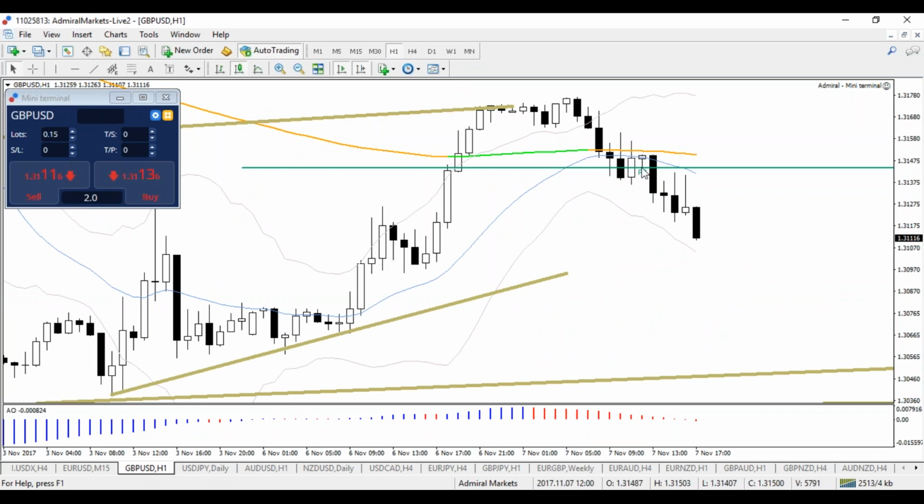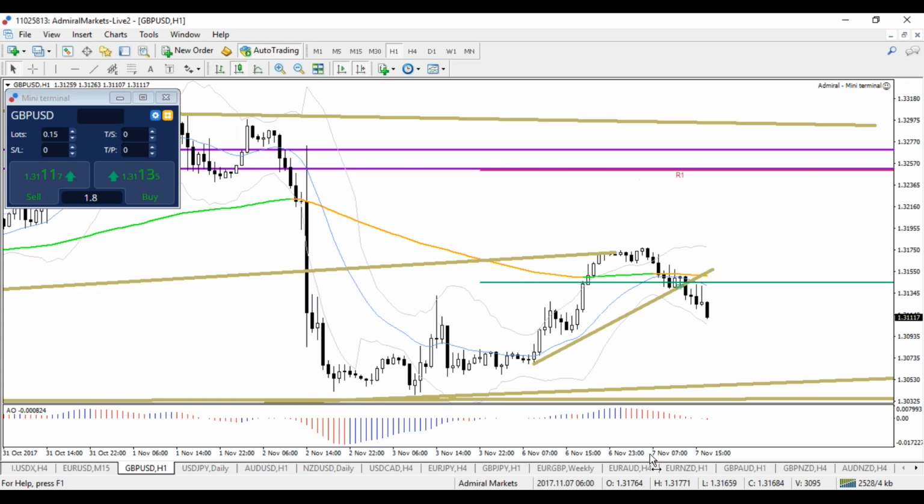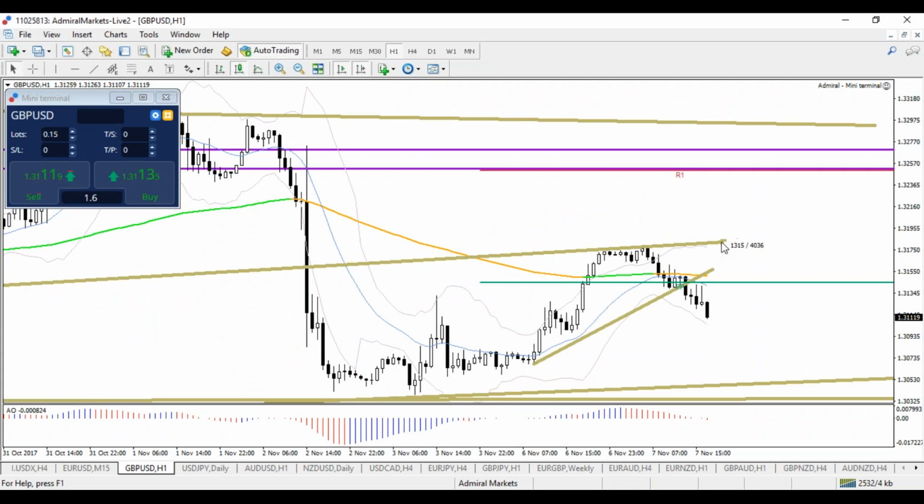Pound dollar, continuing nicely here to the downside. Something that I liked based on this breakout candle. There we go. And it is moving lower as we speak.